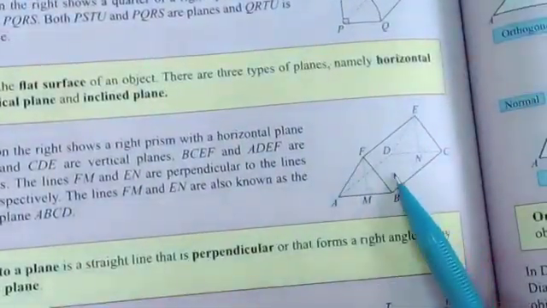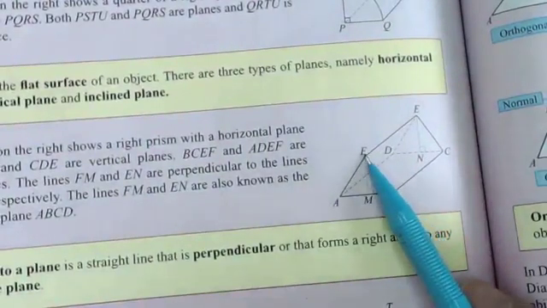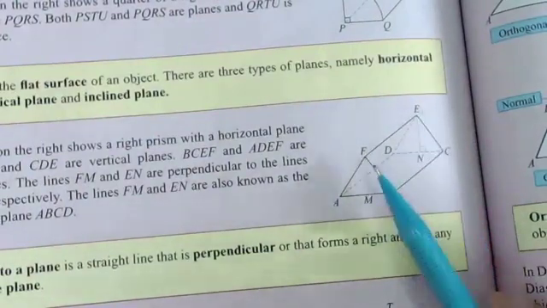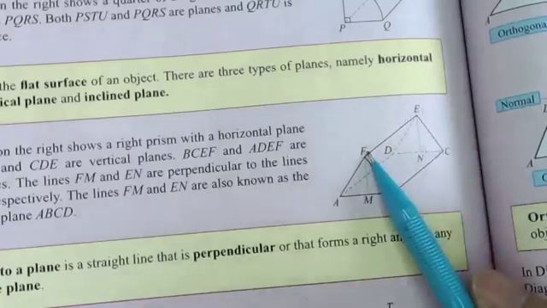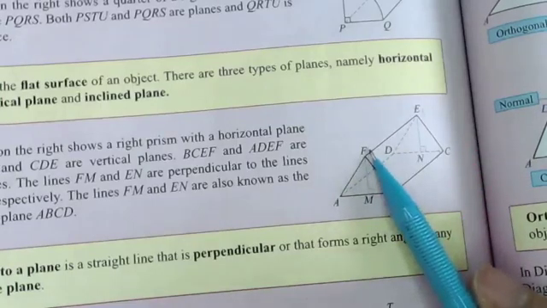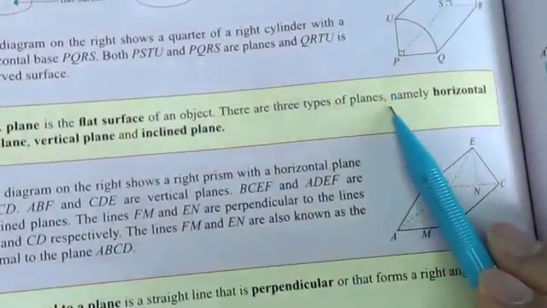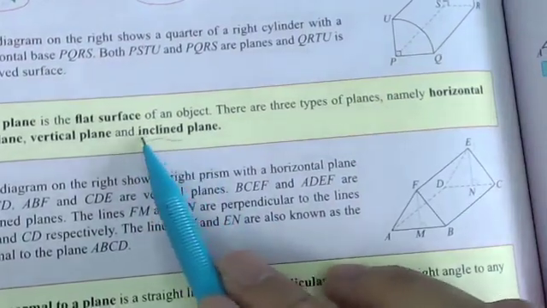If you refer to this example, BCEF. Can you see this surface BCEF? Is it curved or flat? Flat. And then what type of flat is it? We got three types of flat. Incline. Do you know incline?